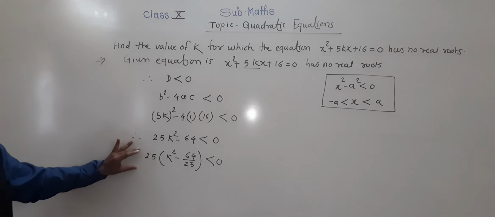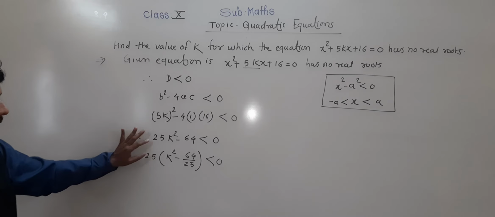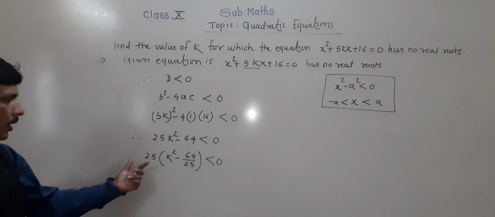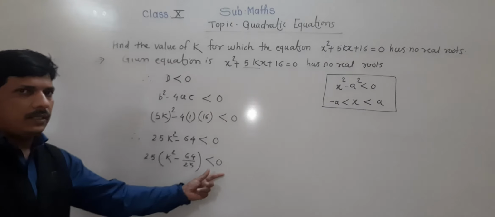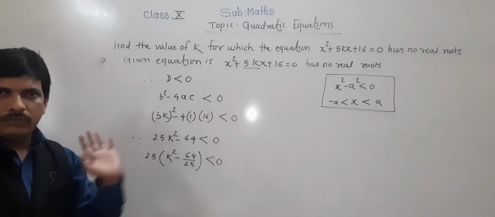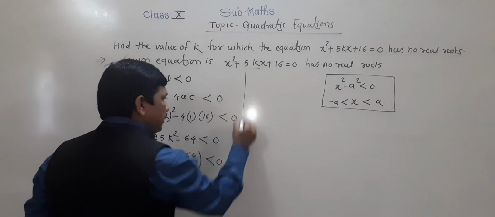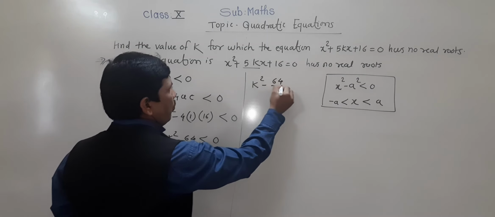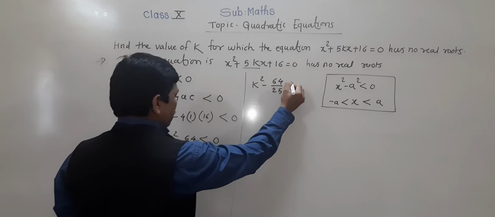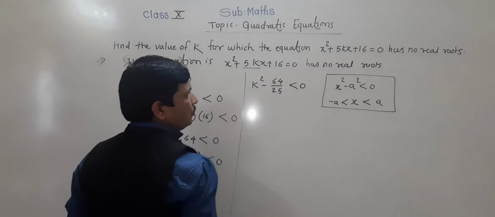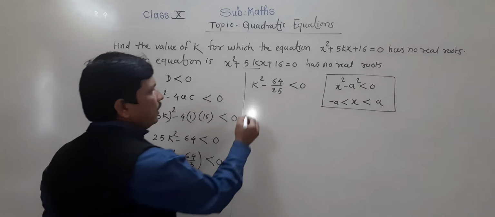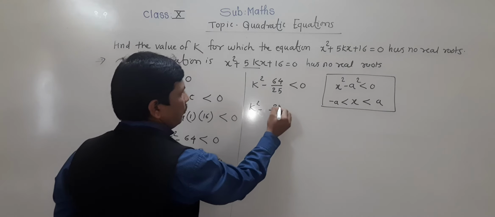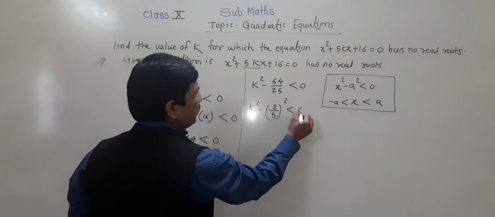And for that we have done this. What we have done: 25 we have taken outside, k square minus 64 upon 25. Now this 25 will move to that side, 0 divided by 25 will be 0. So you will get k square minus 64 upon 25 is smaller than 0. So what we can write here? k square minus (8 upon 5) square is smaller than 0.